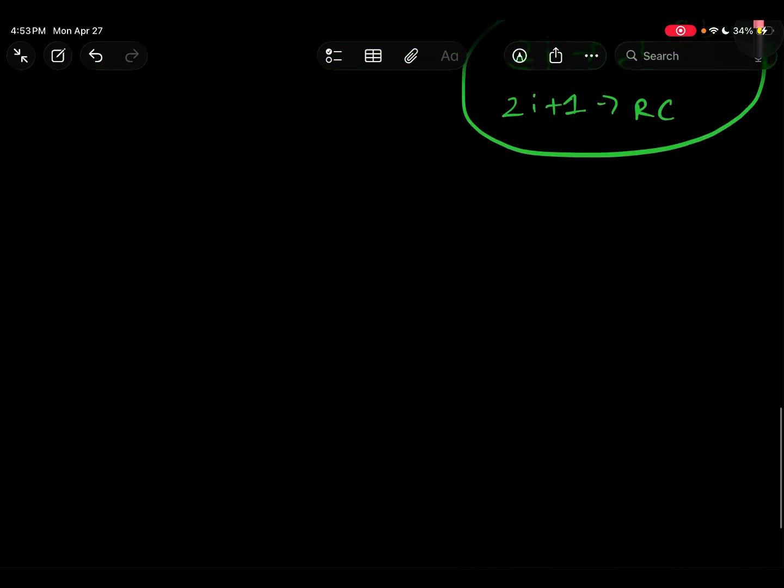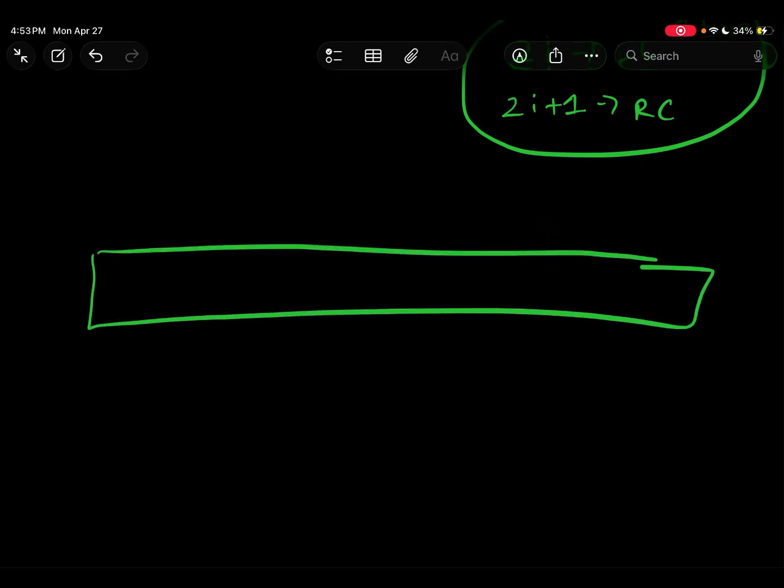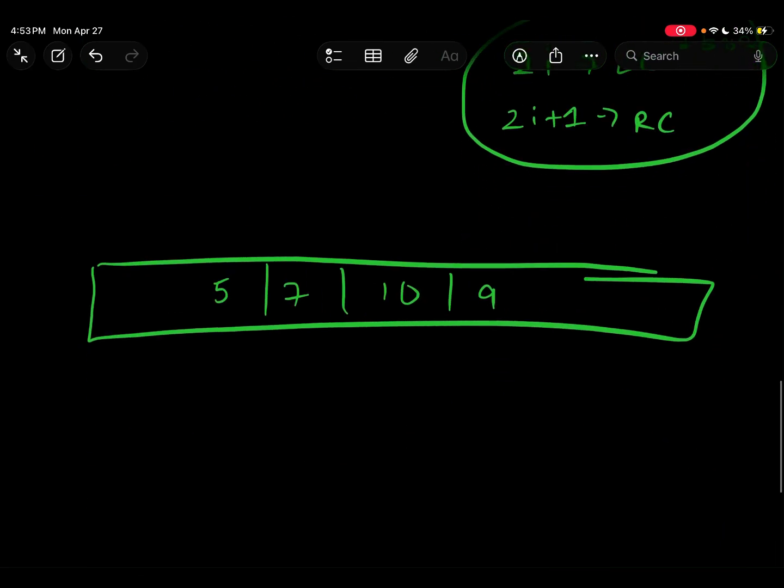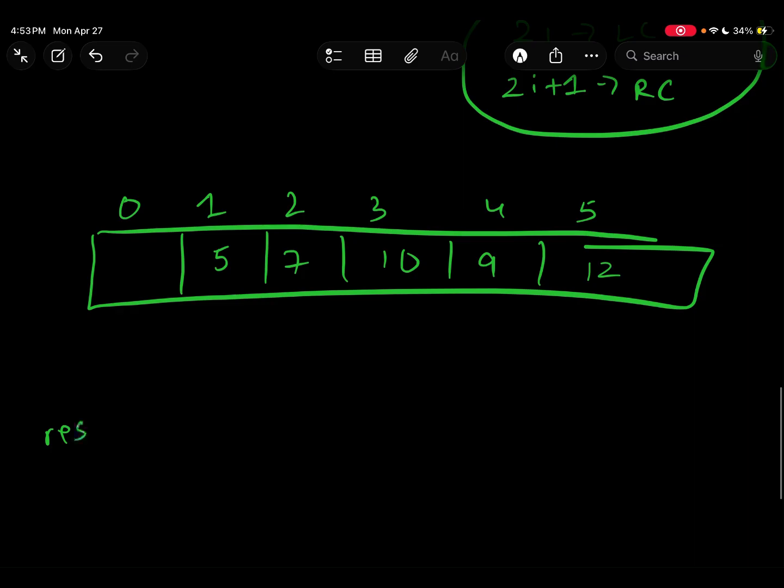So let me draw an example. It is 5, 7, 10, 9, and then finally we have 12, with indexes 0, 1, 2, 3, 4, 5. Okay, so we need to sort this heap. What we do is create a new memory, let's call it res, to be the same size as my heap array, which is 6.